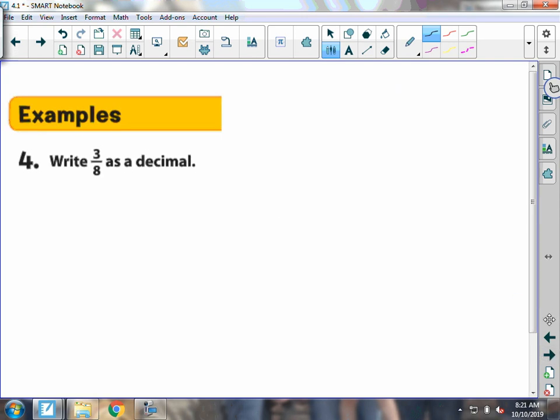Okay, copy this down. Write 3/8 as a decimal. Okay, so for this one we can't change 8 into 100. So I'm just going to have to divide. 3 divided by 8. 8 goes into 3 0 times. But it goes into 30 3 times.